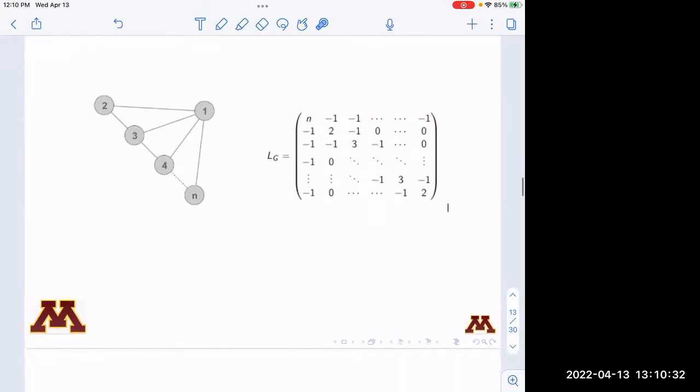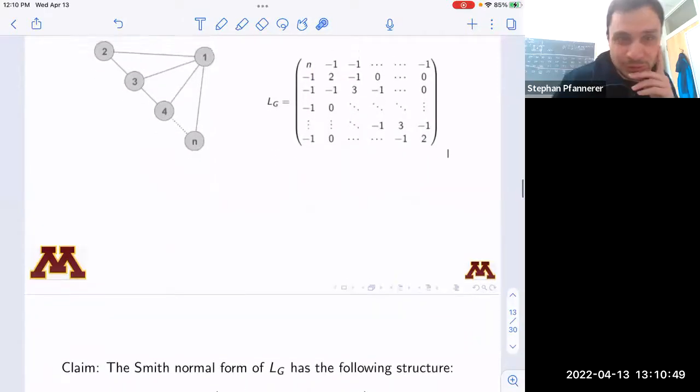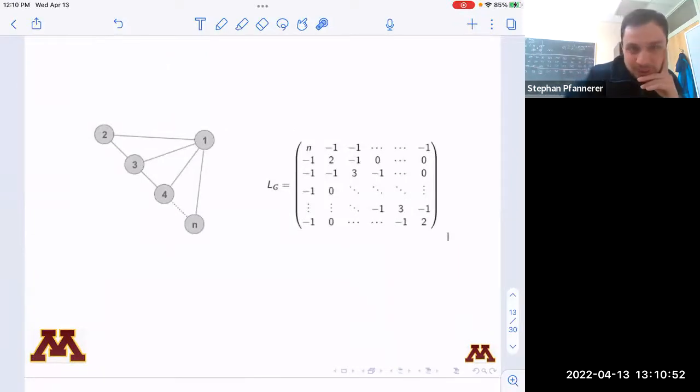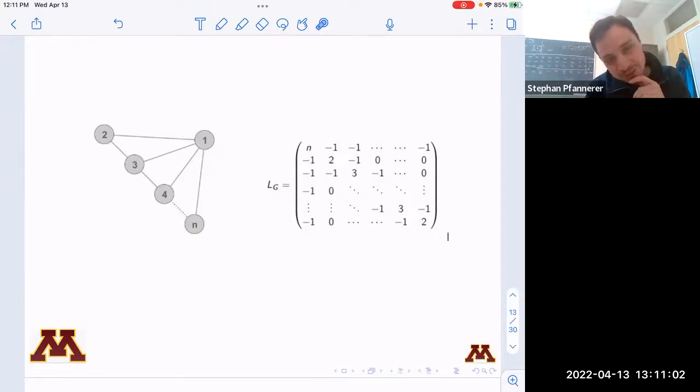But it has a very standard form, so that we have -1s in this first row and this first column. Besides this A11 entry, we have 1s along the subdiagonal and superdiagonal. I'm a little confused. In this picture, vertex 1 has n-1 neighbors, doesn't it? Oh no, so there are n vertices in the path. Then it should be n+1, I guess.